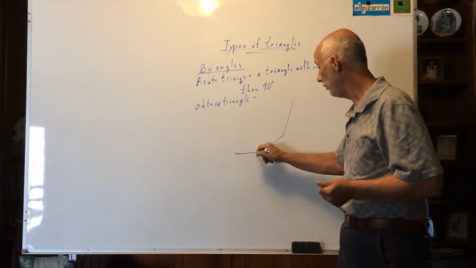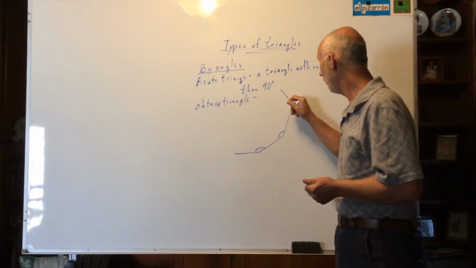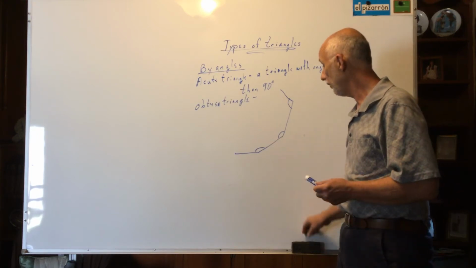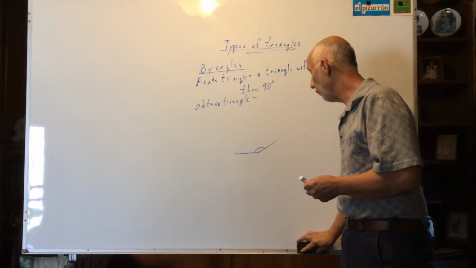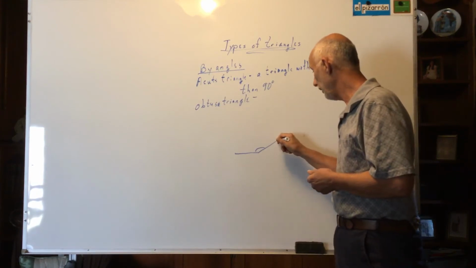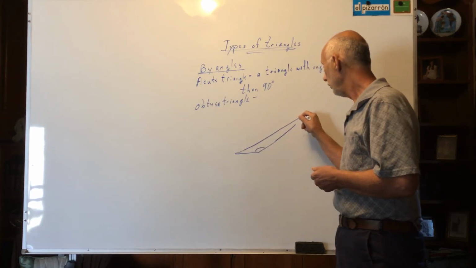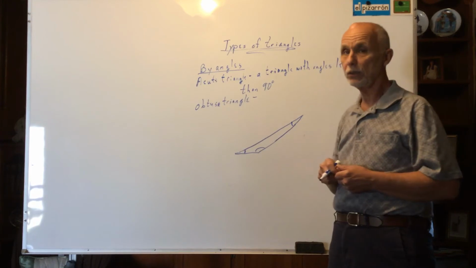If you tried to draw a triangle with two angles greater than 90 degrees, or three, it wouldn't even make a polygon, because it would never connect. The truth is, if you have one angle greater than 90 degrees and you want to make it a triangle, the other two angles have to be less than 90 degrees.